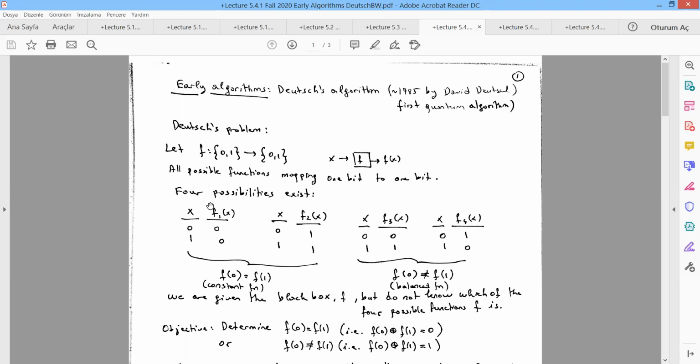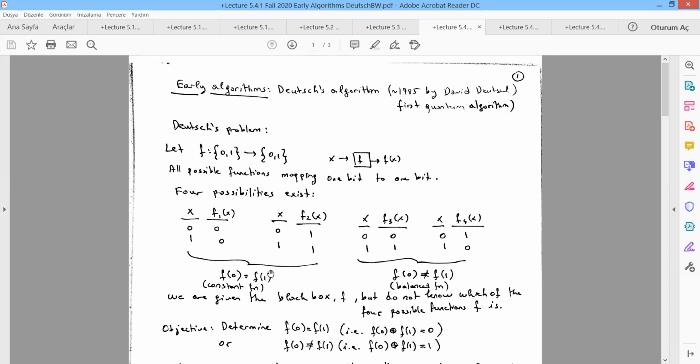In the first possibility, if the input is 0, it's mapped to 0, and if the input is 1, it's again mapped to 0. Another possibility would be input 0 mapped to 1, and input 1 also mapped to 1. For obvious reasons, this is called the constant function, because regardless of what the input is, you have a constant value in the output.